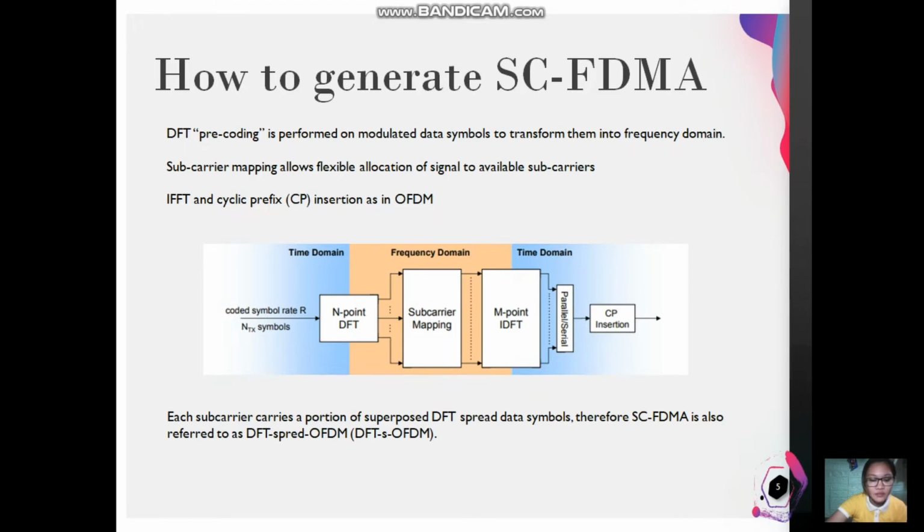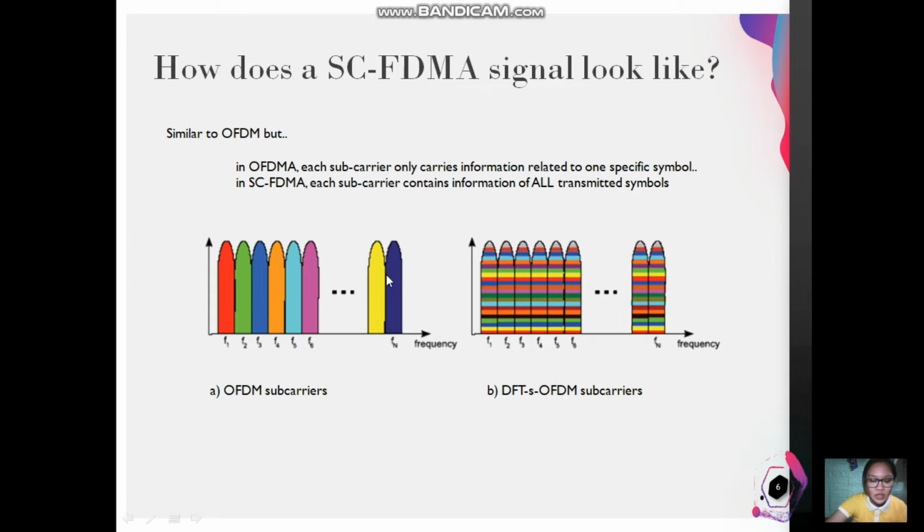This picture visualizes the things we just learned very well when we compare classical OFDMA used in the downlink and SC-FDMA or DFT spread OFDM for the uplink. Then we can say that in OFDM, each subcarrier carries only information related to one specific symbol. This is indicated by the color used for these subcarriers, as you can see on the left-hand side of the graph.